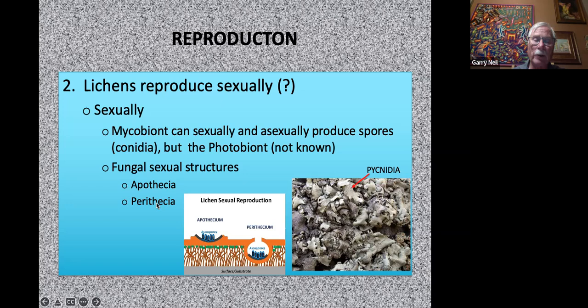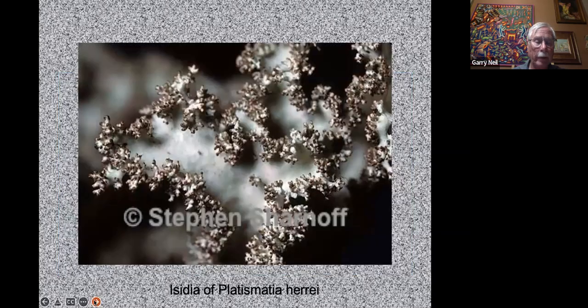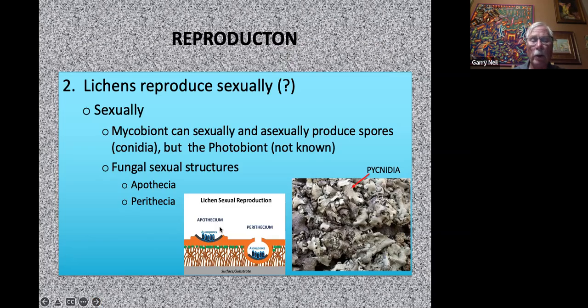But what happens here is that the spores that are produced, which are fungal spores, are released. And the only way they're going to form a new lichen is if they come in contact with an algae that they are compatible with. If not, they're not going to grow anything.